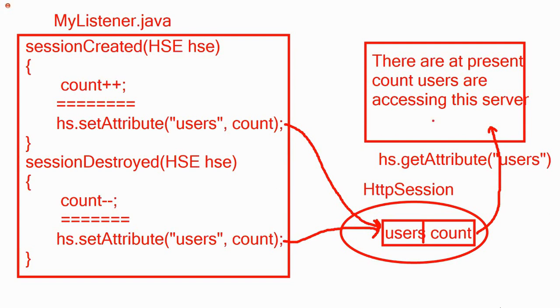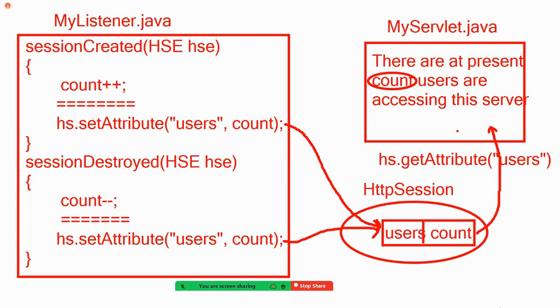Count is a variable. If 5 is there, it shows 5, if 10 is there, 10. It is my servlet.java. This is our task. When a user logs in, count plus plus. When a user logs out, count minus minus. This latest count I'll display here. This count variable I'll display. Okay, write this one. This is our task.